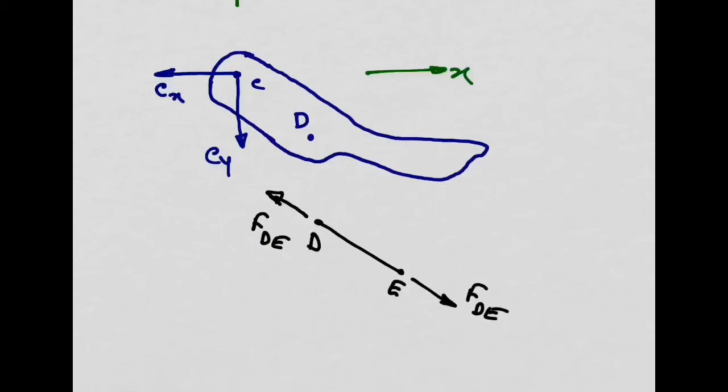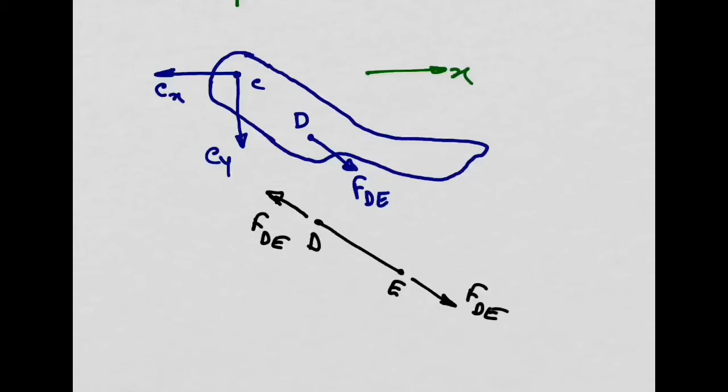And if you look there, that link in blue basically is applying a tensile force in my strut DE. My strut DE will react on the link in blue with the same force but in the opposite direction. This is going to be my FDE. And I know the orientation of this FDE is the same orientation as my strut.